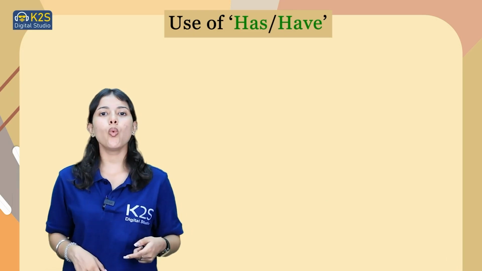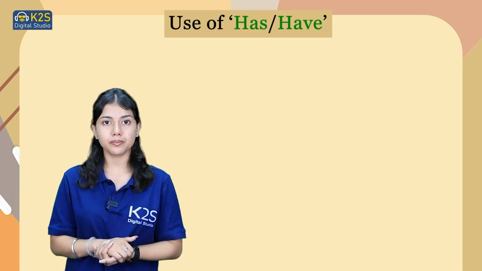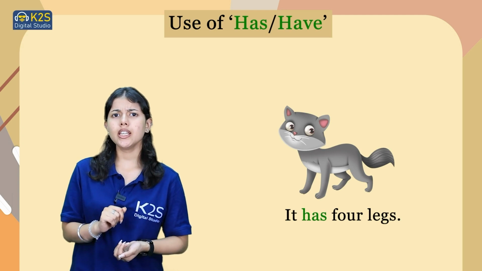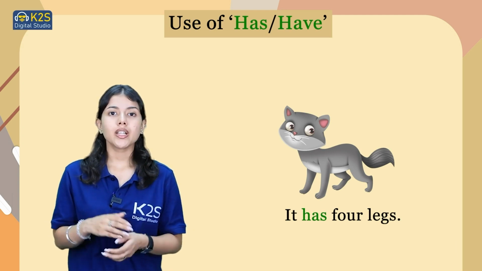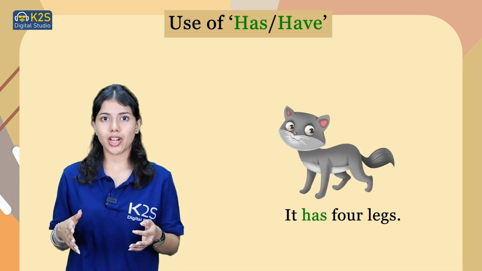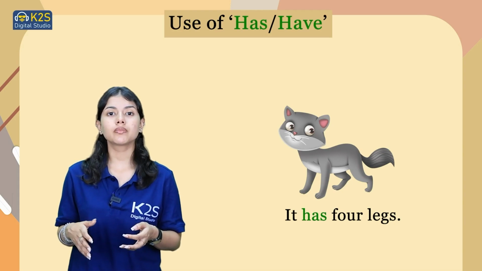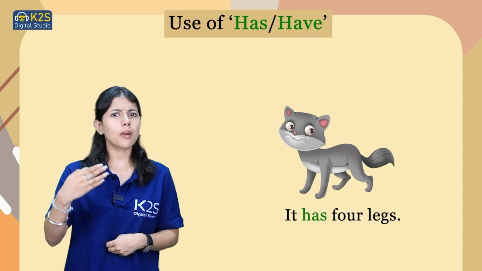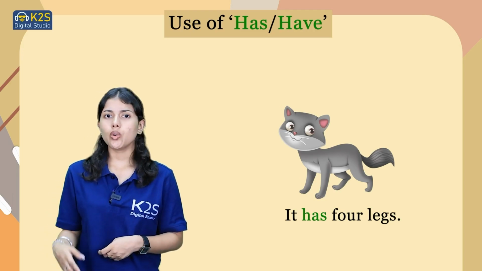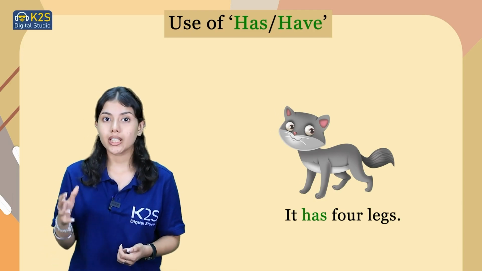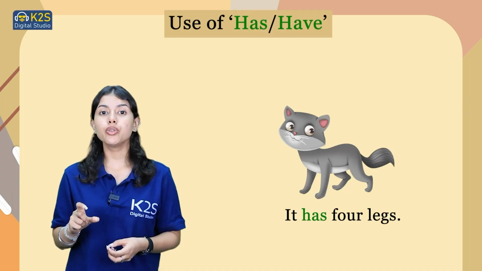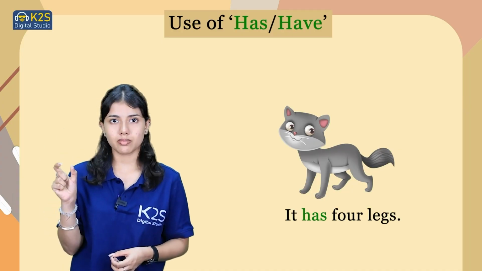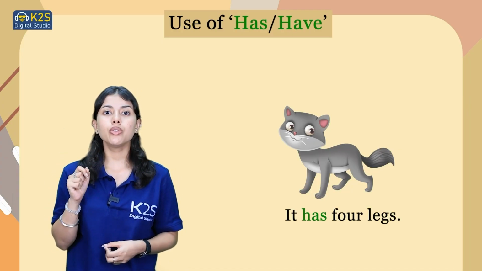Now let's move forward towards our fourth example. Now you can see in this example that there is a cat, who is having 4 legs. So we are going to talk about that cat. It is an animal, so for cat, we are going to use the word it.